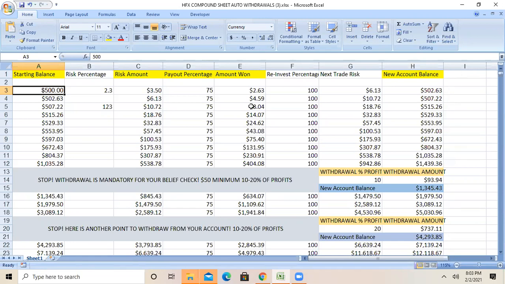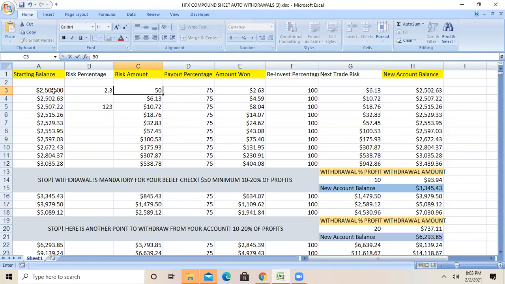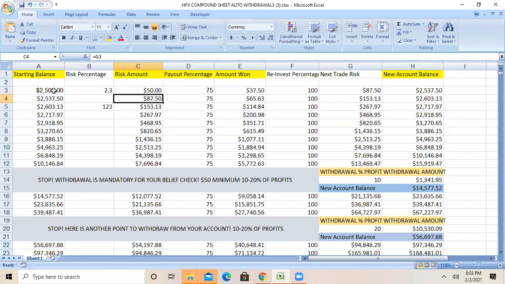And guys, you can use this. Some of you have put in different amounts. If I put in $2,500, it'll just shift everything. Just depends how much. Let's say I risked $50 on the first trade. Everything else was shifted to keep up with it.